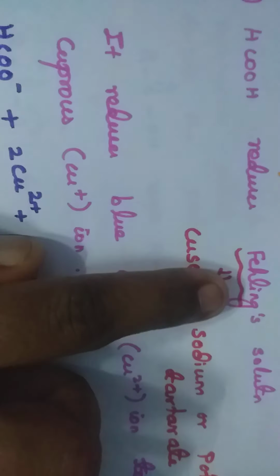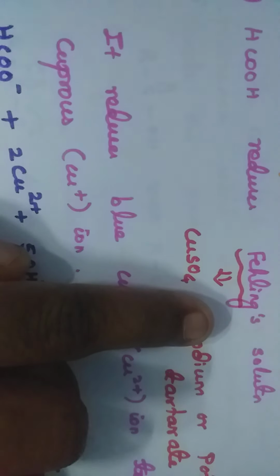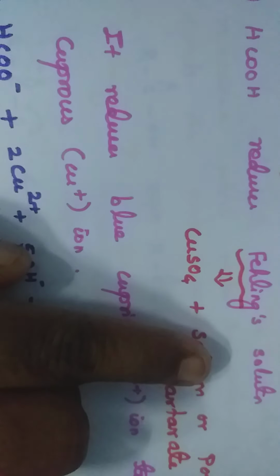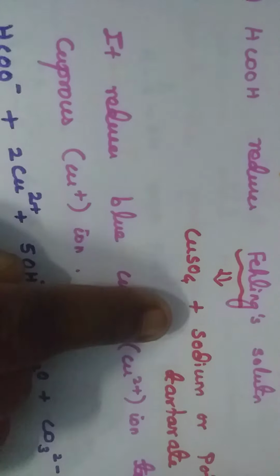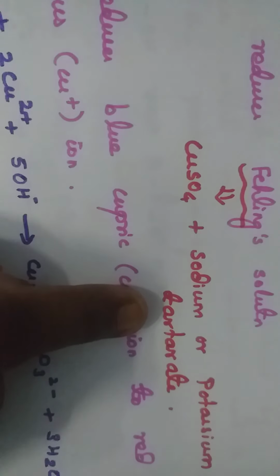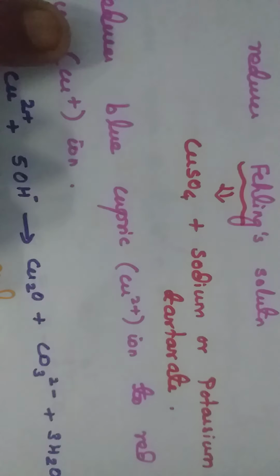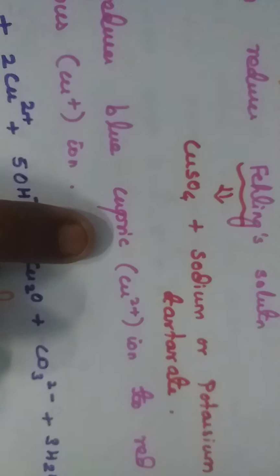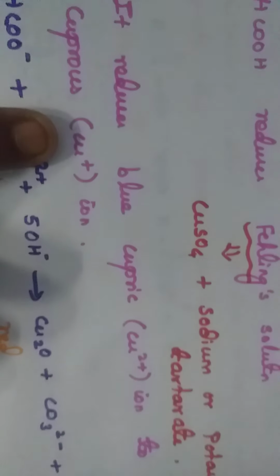It also has a tendency to reduce Fehling solution. What is Fehling solution? Can you tell me now what is Tollens reagent? That is ammoniacal silver nitrate. Similarly, Fehling solution is nothing but copper sulfate with sodium or potassium tartrate. It reduces blue cupric ion to red cuprous oxide.